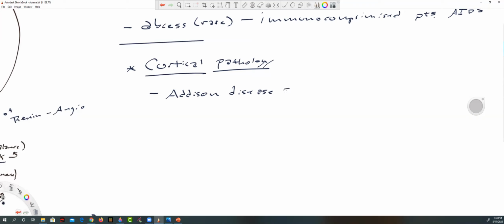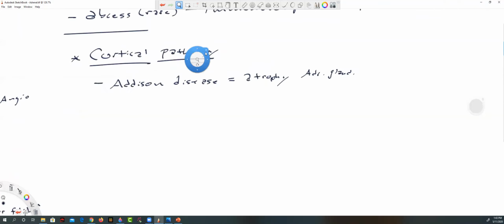Addison's disease is caused by atrophy of the adrenal gland. When that happens, the whole negative feedback system is affected. We're creating adrenal hormones, that goes to the brain, and the brain says we have enough.